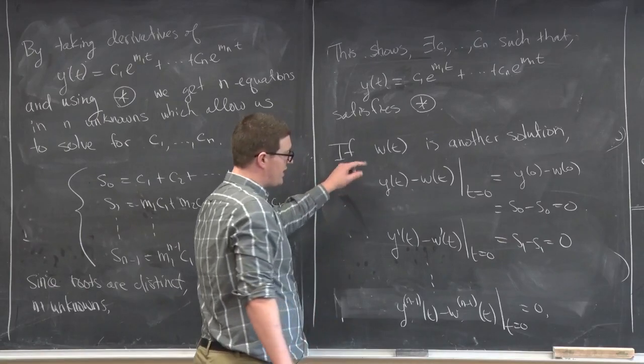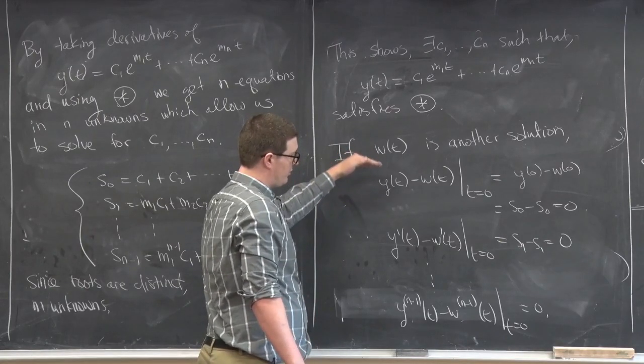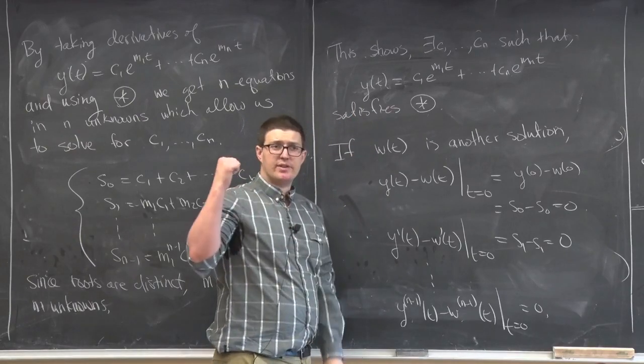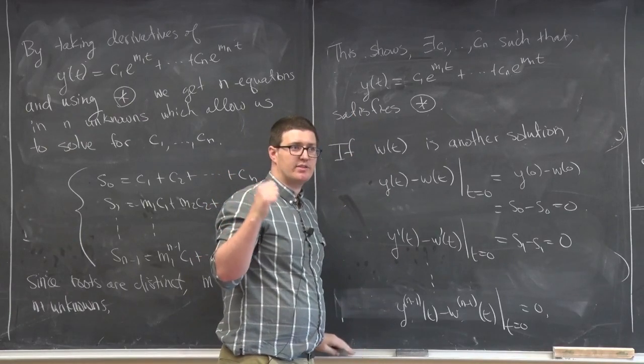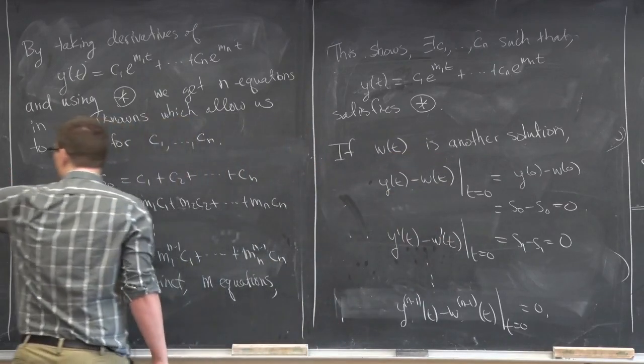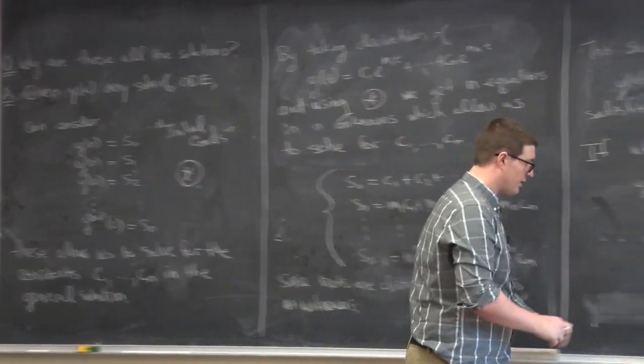So what we've done is, if we take two solutions that satisfy the same initial value problem, they have the same initial conditions, so we can assume that all these things are 0. Okay?